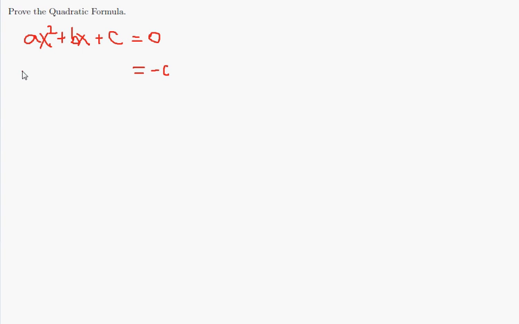On the left, we have a times x squared plus b over a times x.